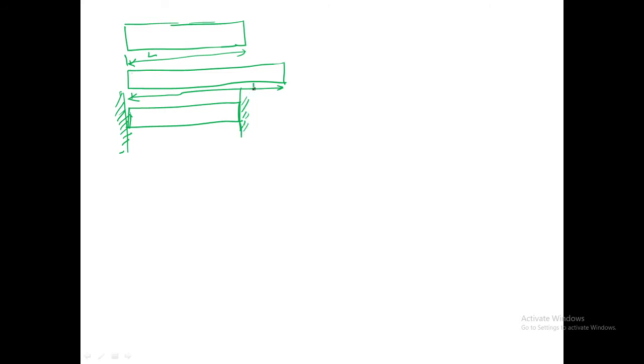Now this is L naught. What is the change in length here? L naught minus L equals delta L. Now delta L can be calculated as alpha delta T into L. We have already noted this equation.